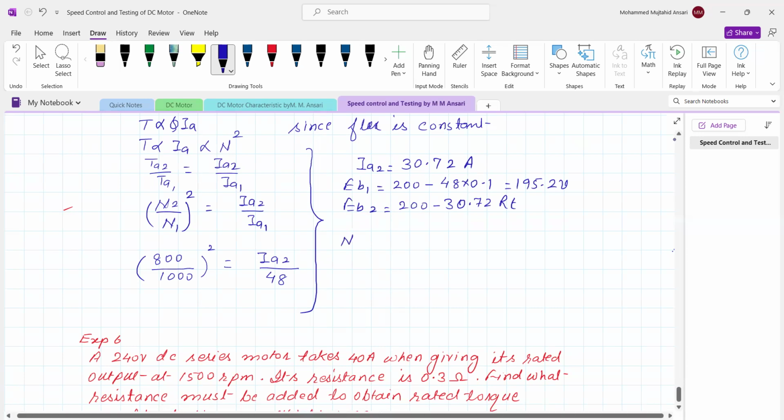Now N2 upon N1 is equal to EB2 upon EB1.